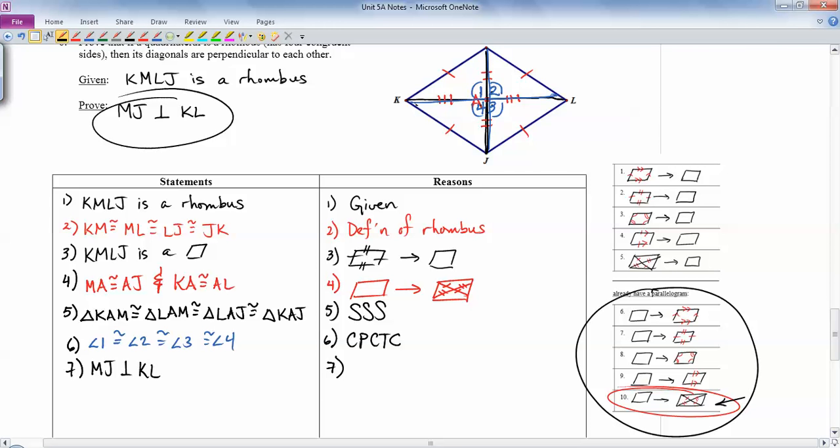It's 2 lines forming these congruent angles that are all next to each other. So there's a theorem that we learned that said if 2 lines form congruent adjacent angles, then the lines are perpendicular. And then we're done. Okay, so now we can change these to right angles.